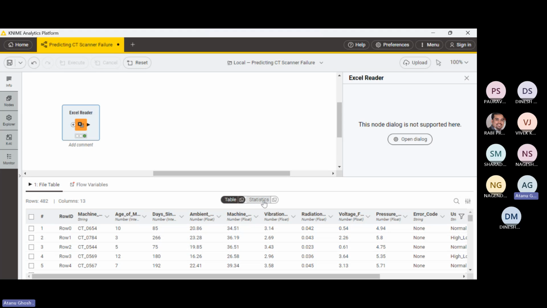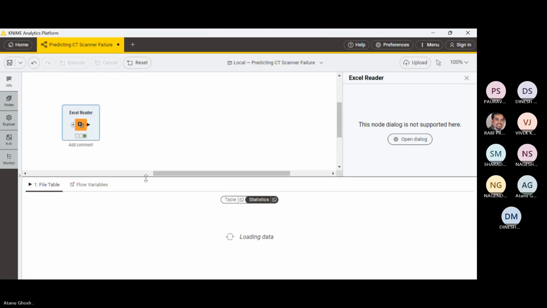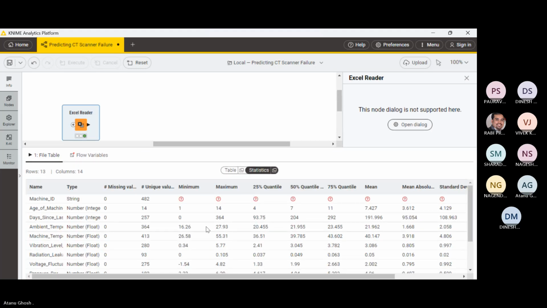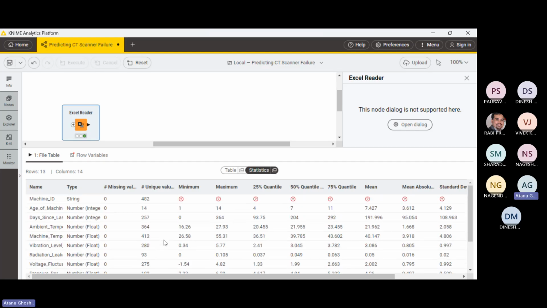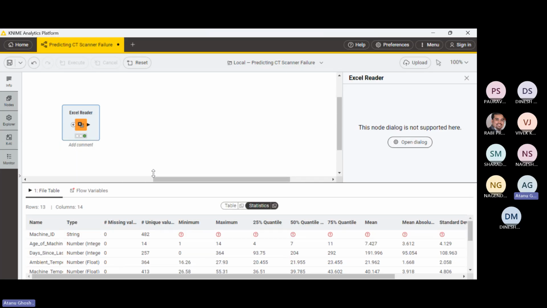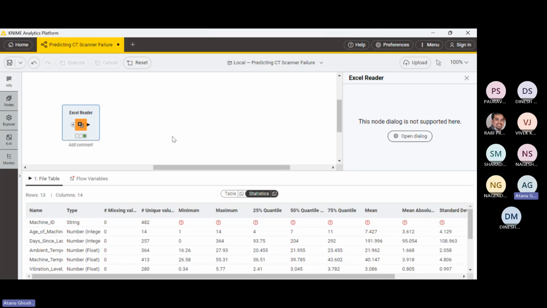We have the statistics. In this case, we don't have any missing values, so we don't need to do any pre-processing as far as missing values are concerned, and we can directly go to EDA.